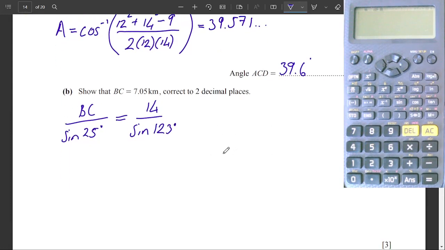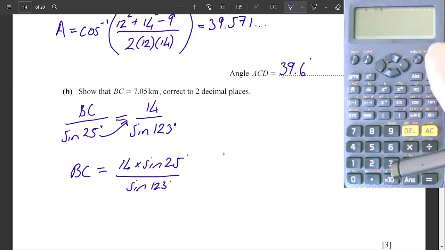Now to calculate, we simply need to multiply by that sin 25 on the other side. So that will give us BC equals 14 times sin 25 over sin 123.